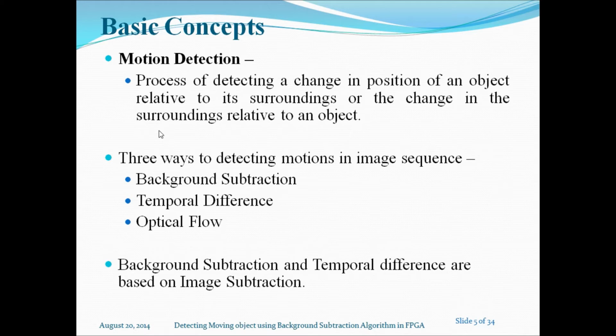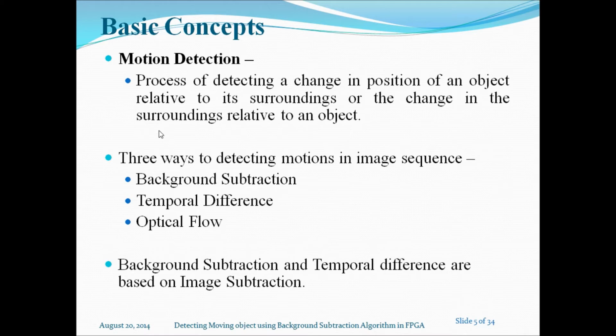Basically, motion detection is a process of detecting a change in position of an object relative to its surroundings or the change in surroundings relative to an object. There are three ways to detect a moving object in an image sequence: background subtraction, temporal difference, and optical flow. We will look at these approaches in a later part of the presentation.